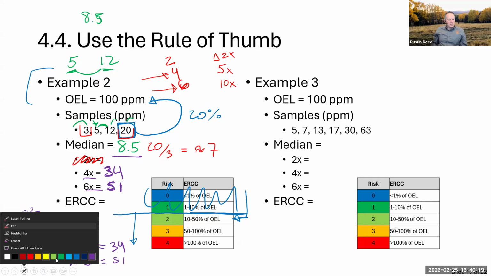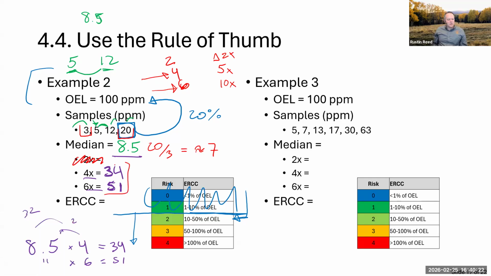So I check my two numbers with my categories. And here it does make a slight difference. So remember, 100 parts per million is my OEL. And so that would be 34% and 51%. So it's a choice between category 2 and category 3. Now I'm leaning more towards category 2 just because this one is barely into category 3.